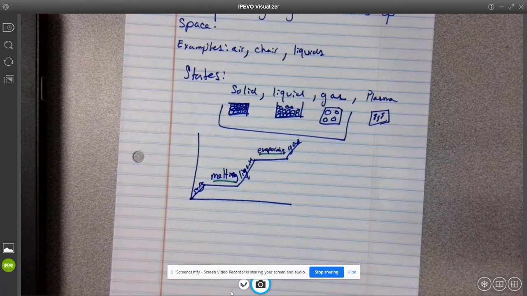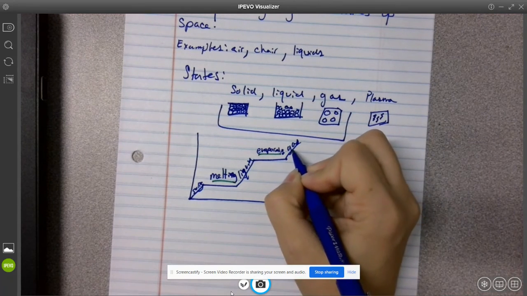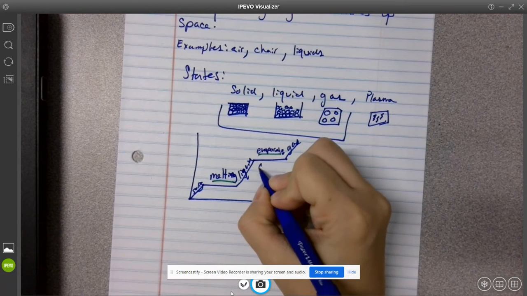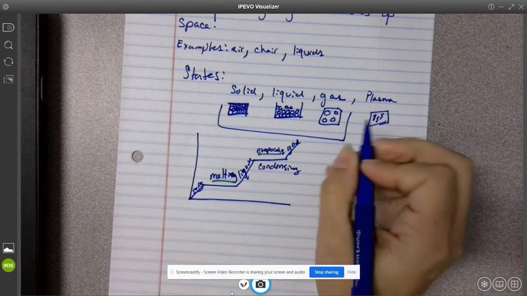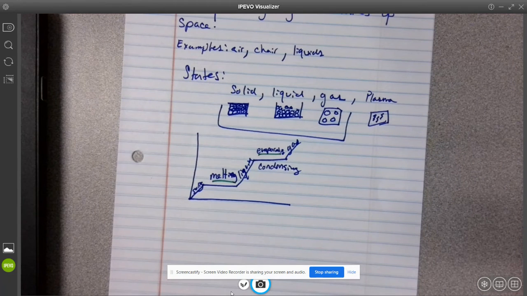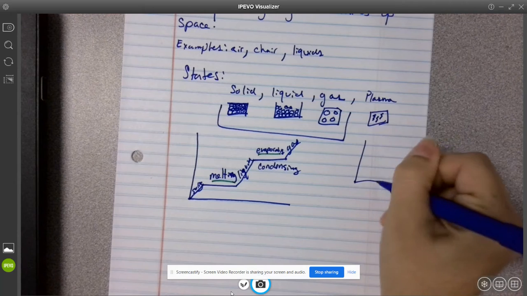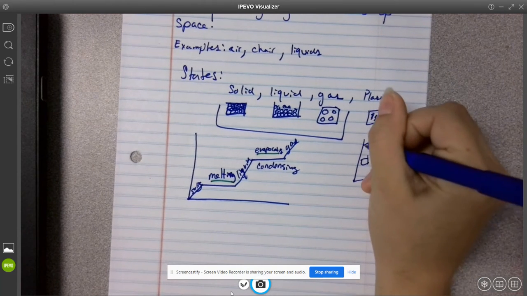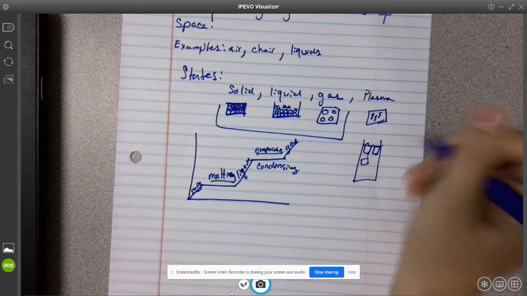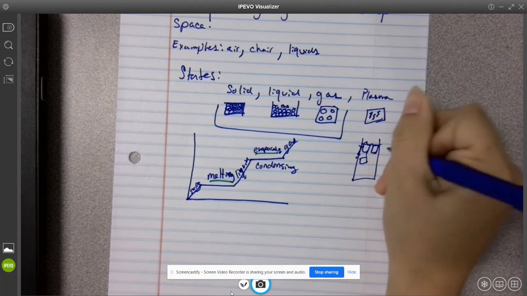If you want to work backwards, go from a gas to a liquid, that would be called condensing. That's where condensation comes from. If I have a glass of ice water, so here's my water with some ice cubes, and I have liquid forming on the outside of my glass.